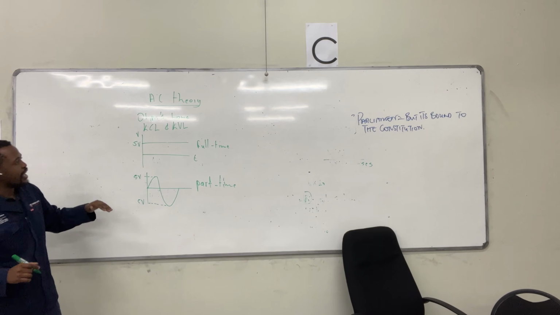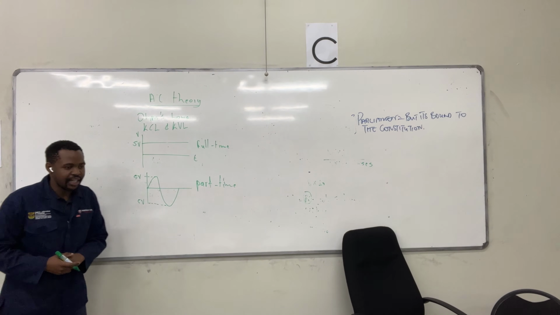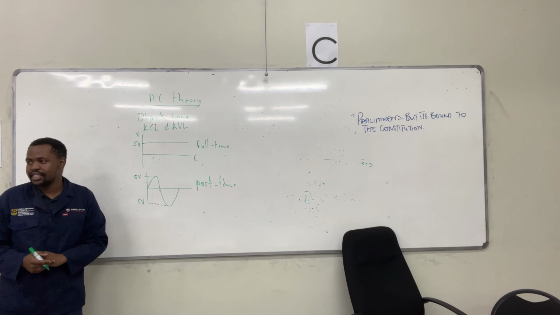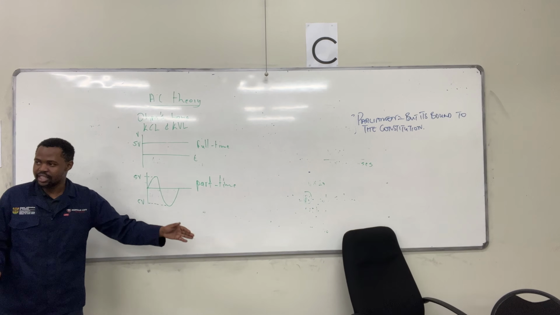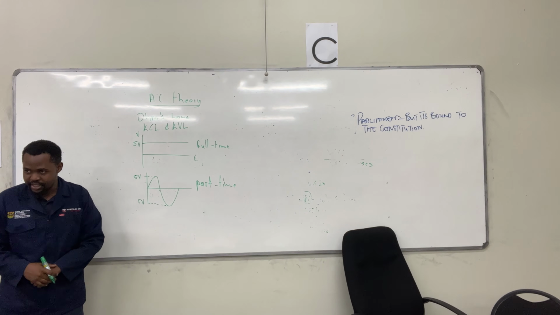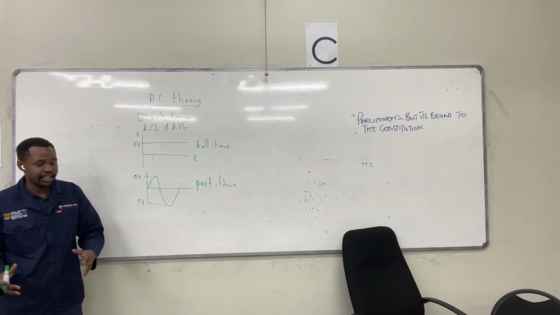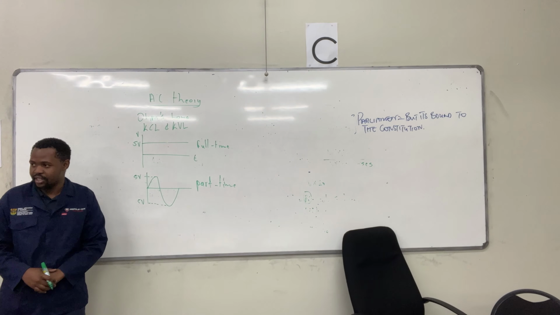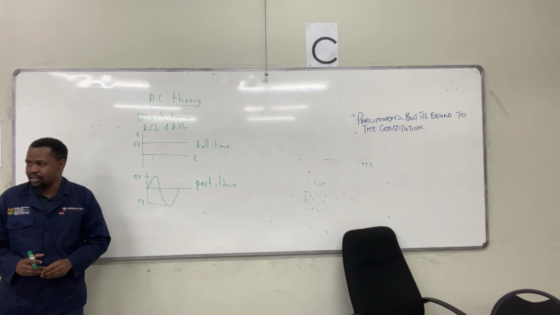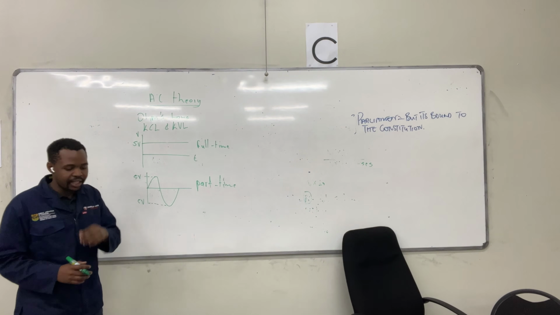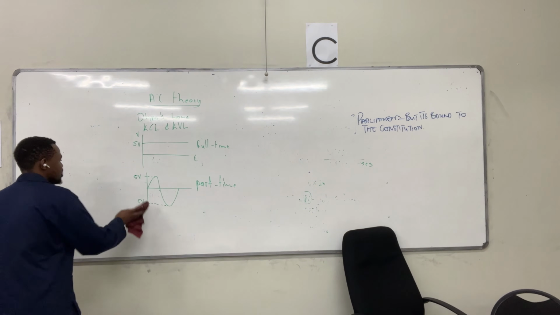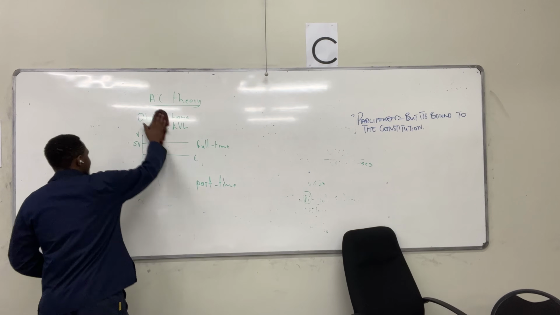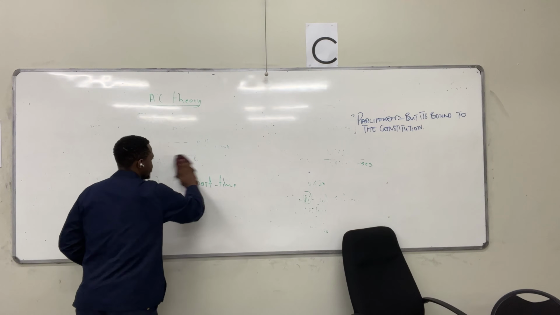So hence I was saying the way we analyze a circuit supplied with AC compared to circuits supplied with DC is not the same, but the laws are still applicable. So let us first understand the values associated with the AC voltage.